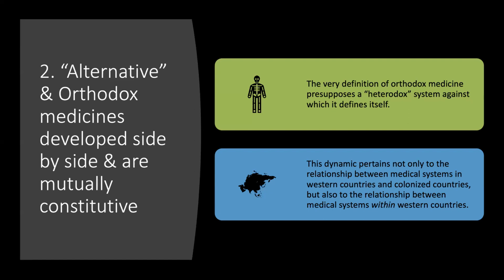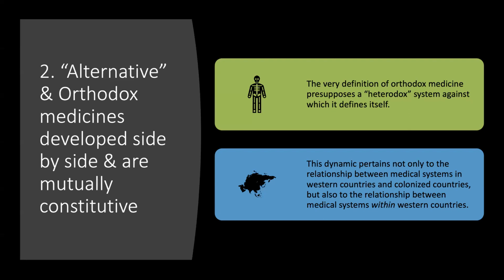As we move into my second of 5 points, and I promise I'll get through these, the next are a little bit quicker, the so-called alternative and orthodox medicines have always developed side by side and are mutually constitutive of each other. You cannot actually separate them. It's never been the case that you can separate them. They are shadows of one another.